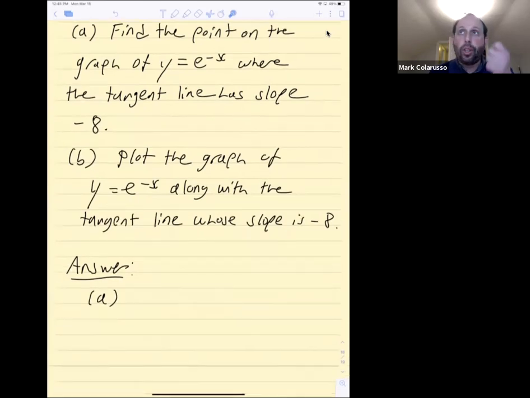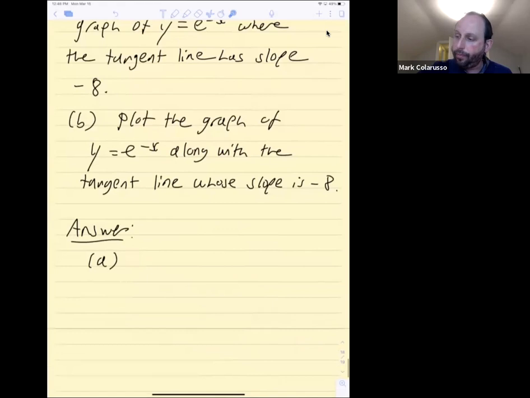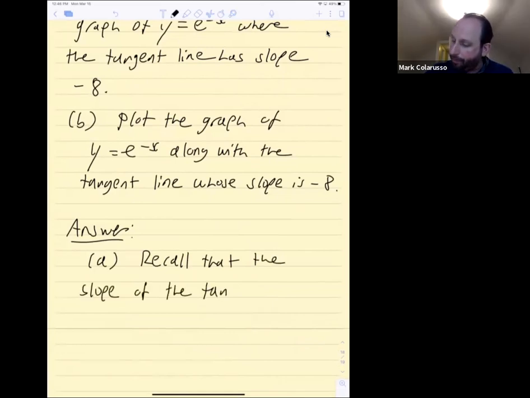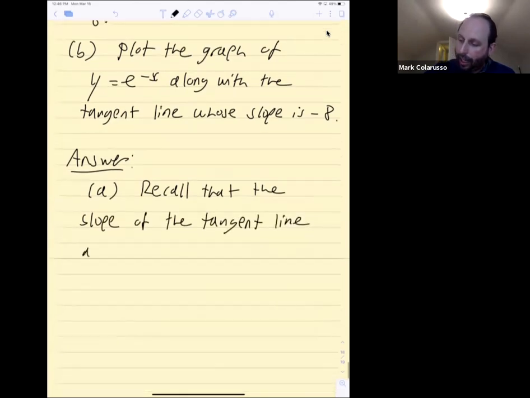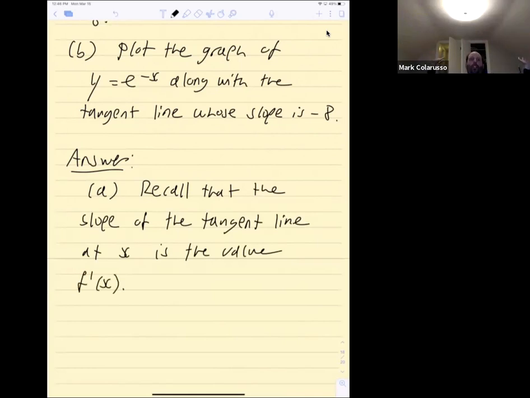What function gives us the slope of the tangent line? This is going way, way back. You need to recall that the slope of the tangent line at x is the value f prime at x, the derivative. The derivative gives you the slope of the tangent line at the point x.